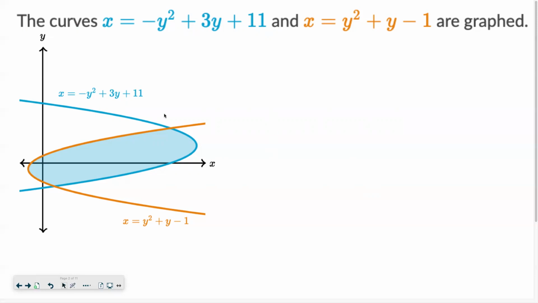Okay, so we've got x equals negative y squared plus 3y plus 11, and x equals y squared plus y minus 1. Now, the first thing that should absolutely stand out to you is that they both say x equals. So if a function is solved for x, that means it's set up in a completely different orientation.